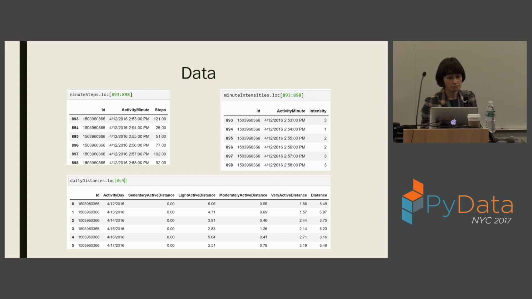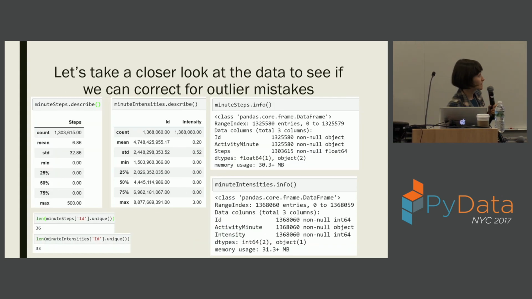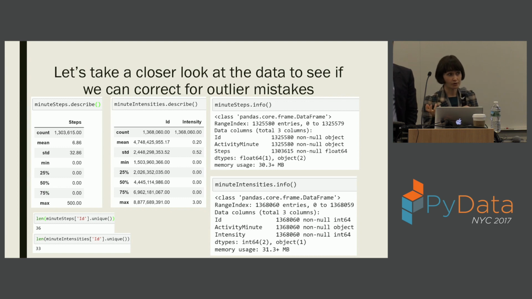But when you look at describe, they look different. What happened? One thing you can notice is the ID is a numerical value. It's an integer for intensities, but it's not an integer for the steps, and you can see it in the info as well. You have a data type object. So this is something to be worried about. There's something wrong in your data that makes one an integer and the other not.